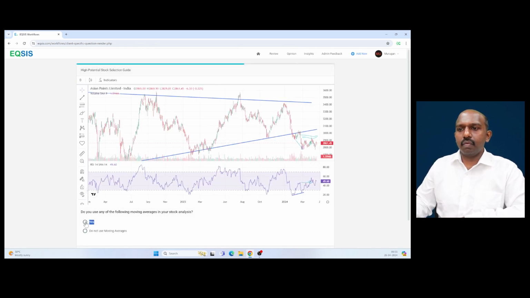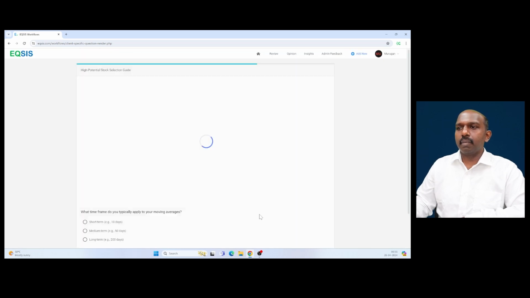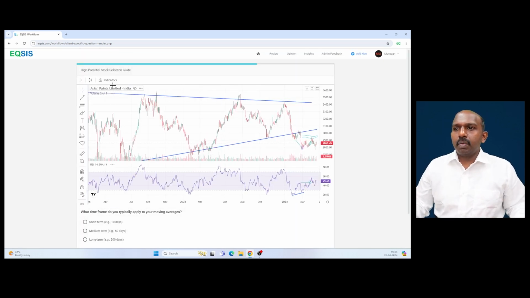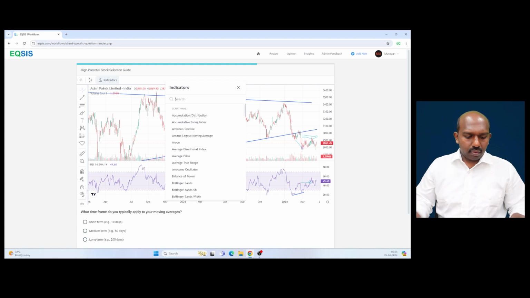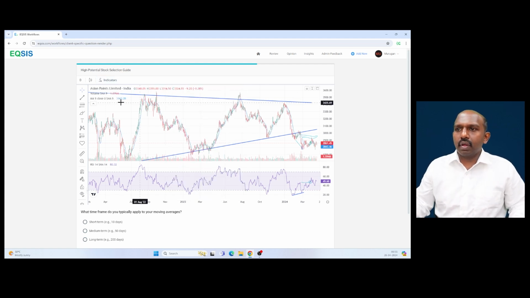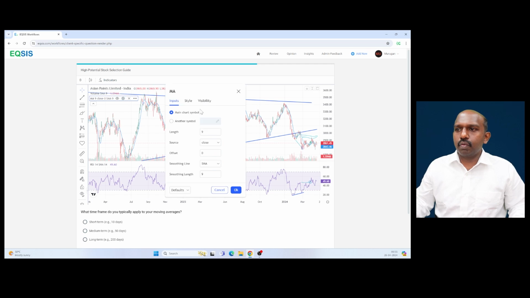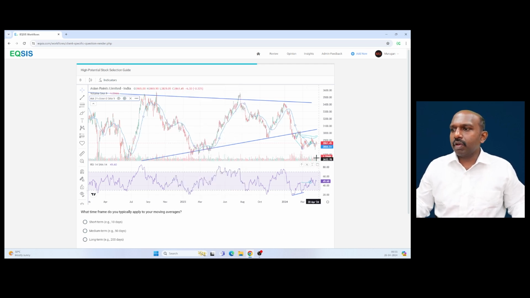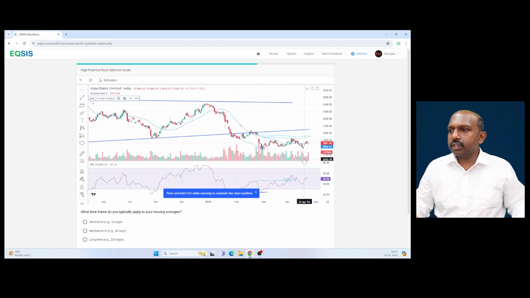Yes, we want to apply the moving average here. I'll pick up the 21-day moving average. If I pick up a 21-day moving average, all I see is that the stock is in a consolidation phase.